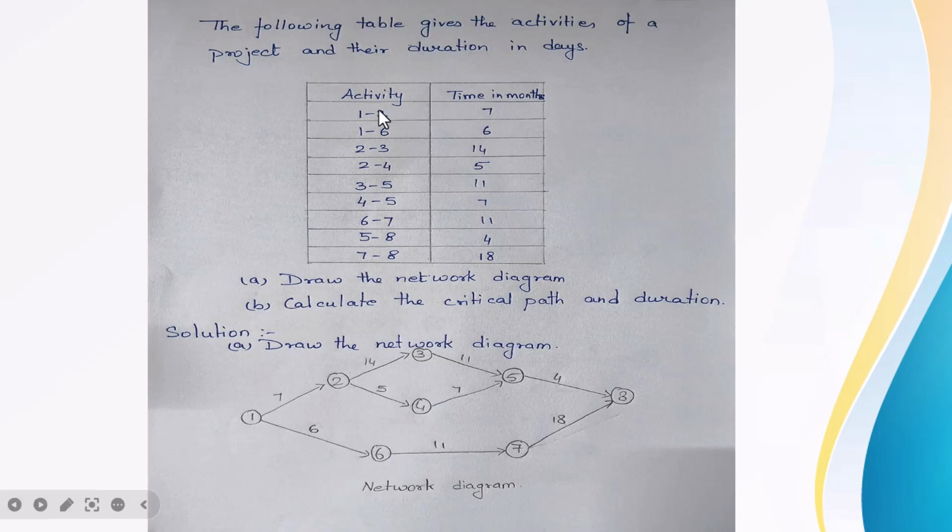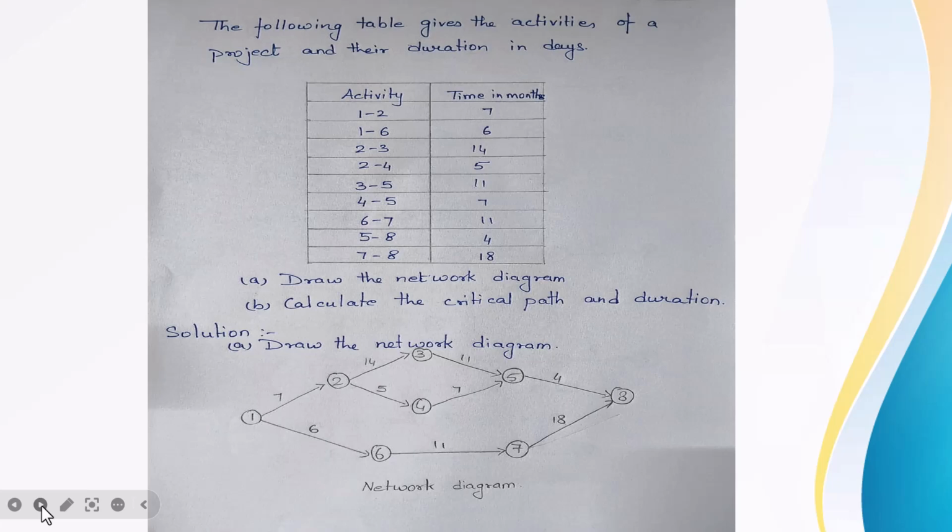So first, for the network diagram, you just have to follow the activities that are given in the question. 1 to 2, 1 to 6, then 2 to 3, 2 to 4, 3 to 5, 4 to 5, 6 to 7, 5 to 8 and 7 to 8. You have to draw the arrows between the activities. Okay. And then you have to mention the duration that is given in the question. This will be the first part, draw the network diagram.